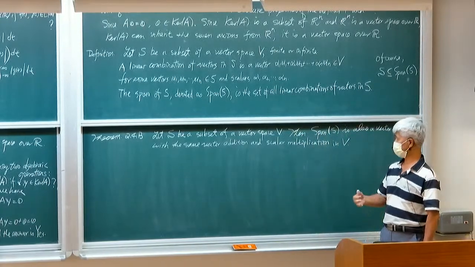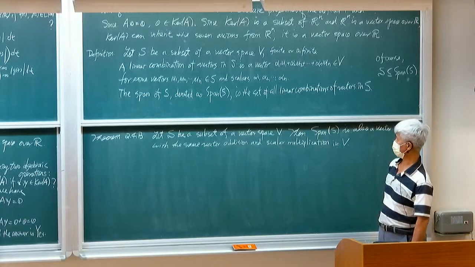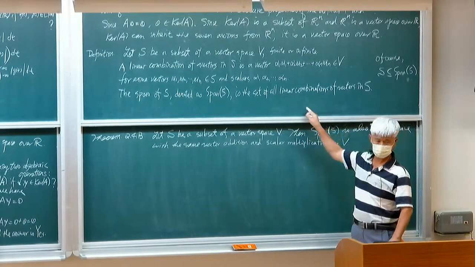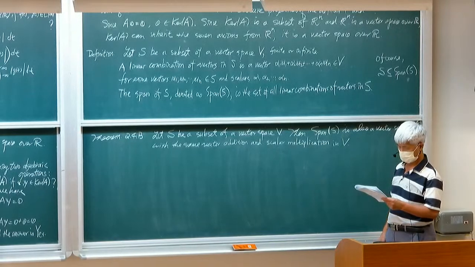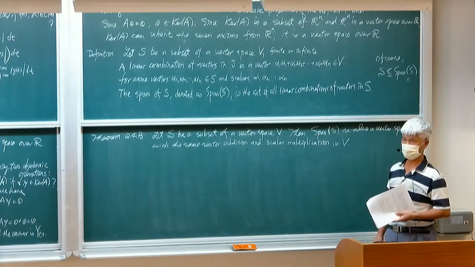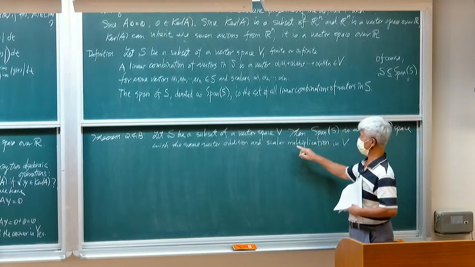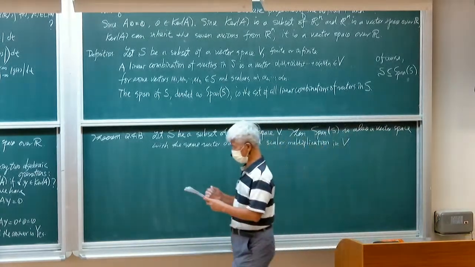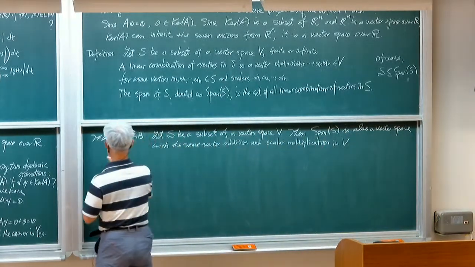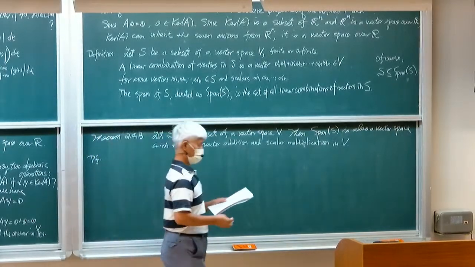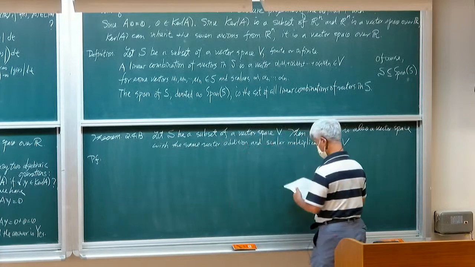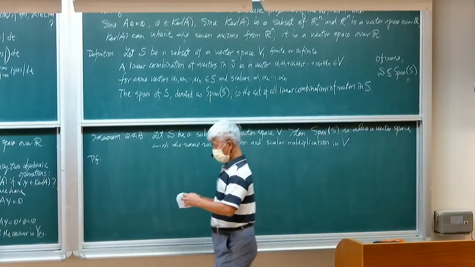So the construction, all right, the span of S is a vector space itself with the same vector addition and scalar multiplication in V. All right, so this theorem is very useful.